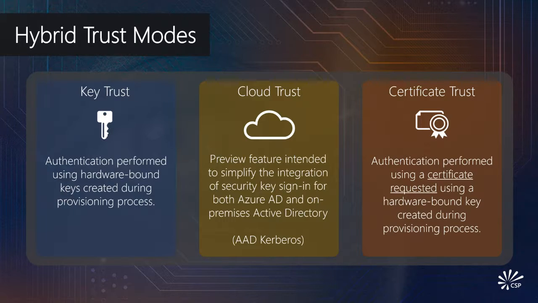This is an attempt to eliminate all of those complexities: the requirement of an enterprise PKI, ADFS, all that stuff. It's a means to try to make this as simple as possible. But unfortunately, this deployment model is only in preview right now, so it's not generally available yet.